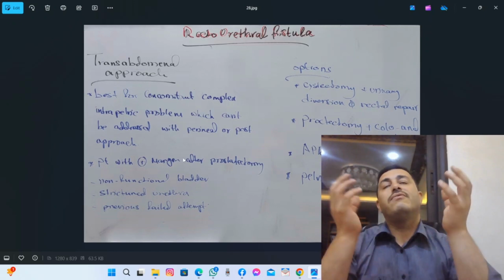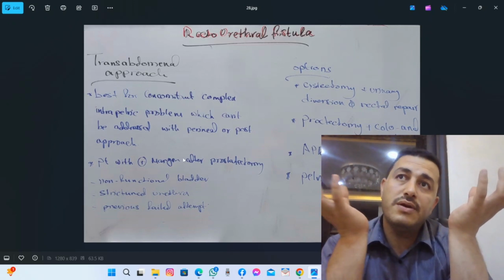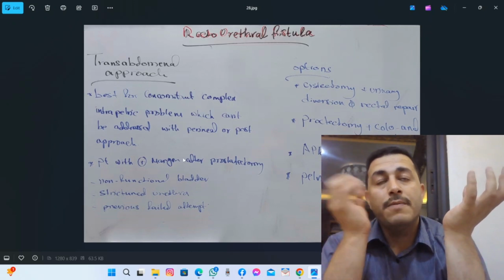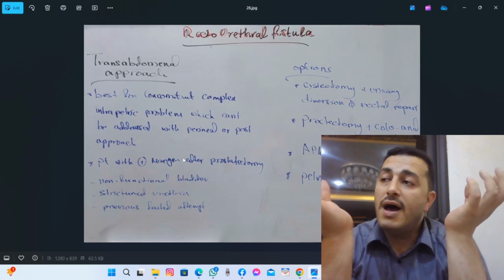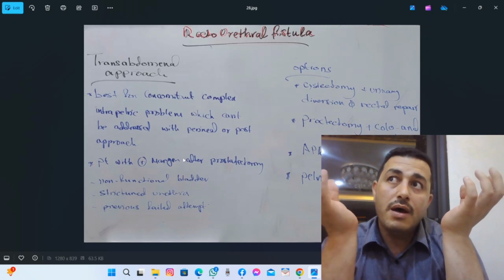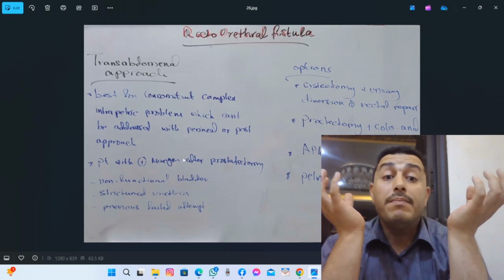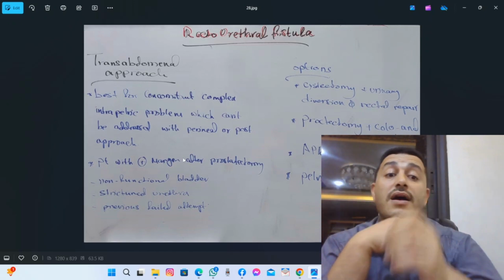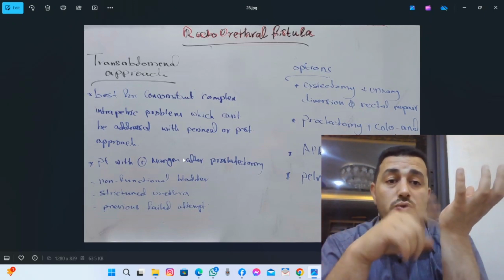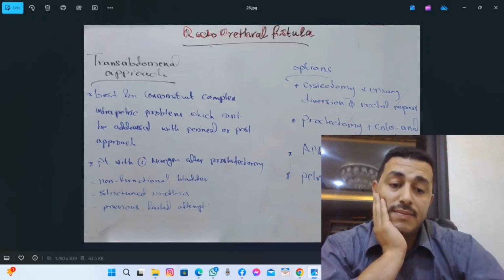Options, actually we have complex fistula between the rectum and the urinary system, so either removal of the urinary bladder, cystectomy, with permanent urine diversion, and what we do in the rectum, we repair the rectum.